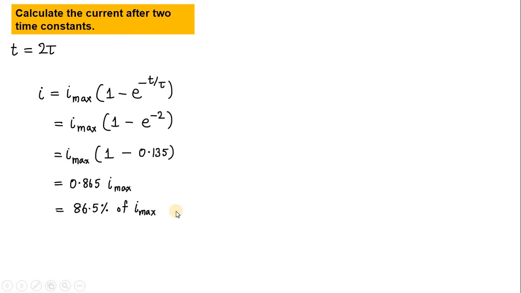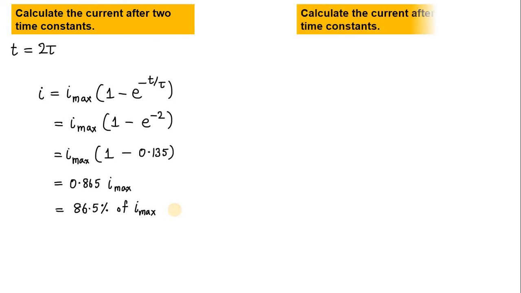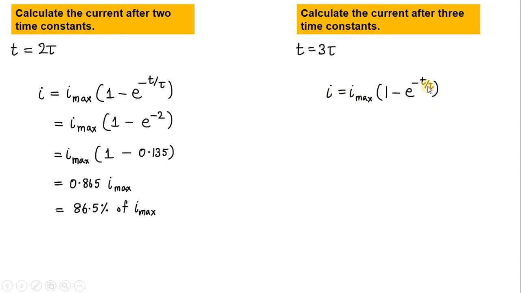So in one time constant the current becomes 63%. After two time constants it becomes 86%. That means it is not double the 63%. Let us also calculate the current after three time constants. Write down the formula first and substitute t is equal to 3 tau. Then you get 1 minus e power minus 3.